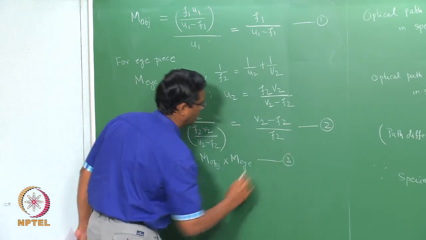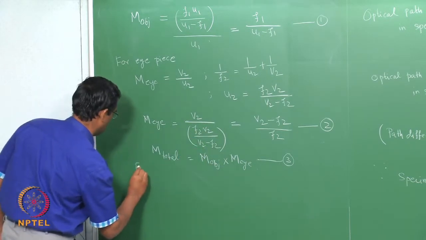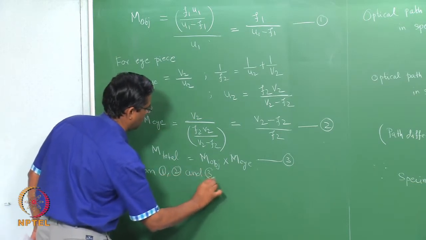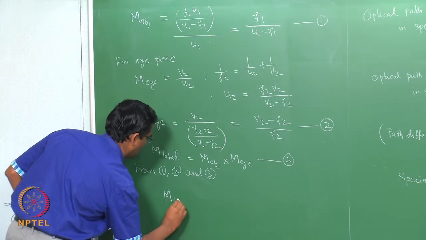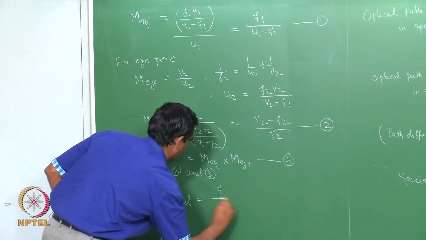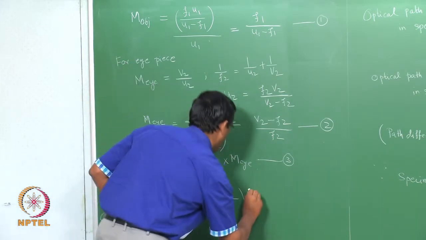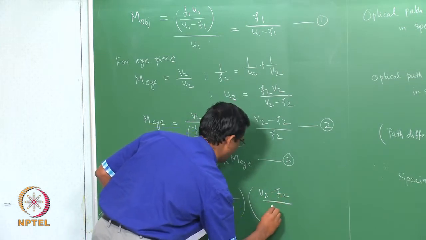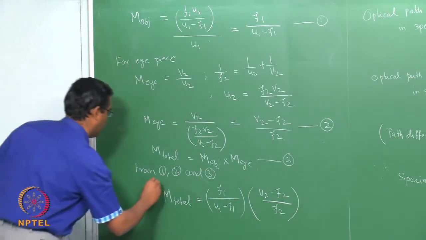I will rewrite this here for convenience, and then from 1, 2 and 3 we will be able to write M total equal to the expression. This is what we were asked in the question.